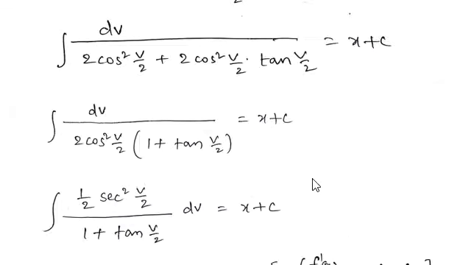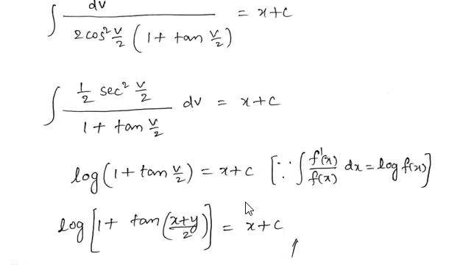Sending the 2 and cos square v by 2 to the numerator, it is 1 by 2, and we know 1 by cos square v by 2 is secant square v by 2, and in the denominator we have 1 plus tan v by 2, dv equal to x plus c on the right side. The integration of this term will be log of 1 plus tan v by 2.